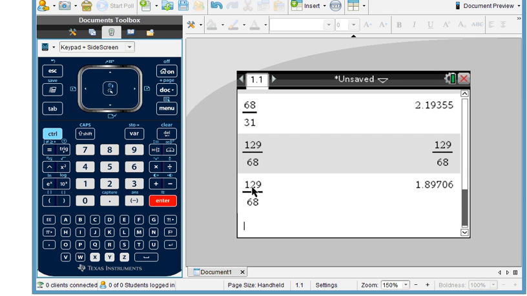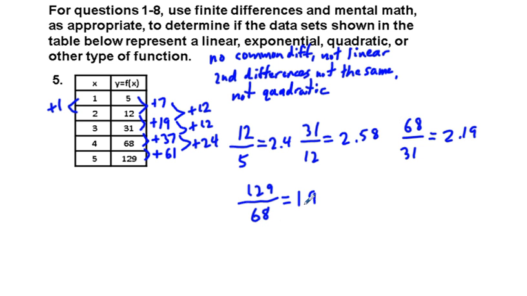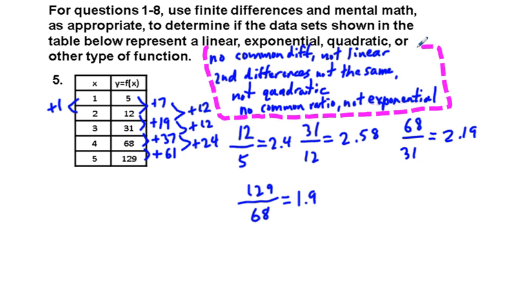So we find our decimal, 1.89 or about 1.9. So this really isn't close to a common ratio. So no common ratio, or really not even close, right? So not exponential. So that really is our answer, right? Not linear, not quadratic, not exponential. That is our answer, number 5.